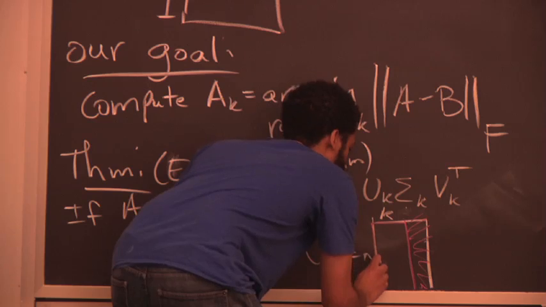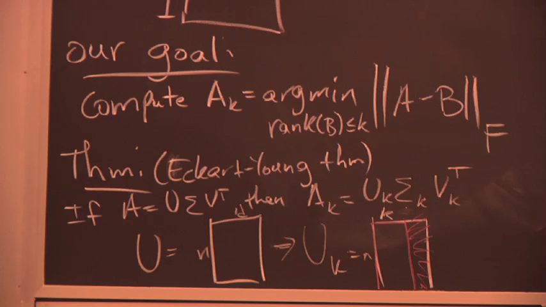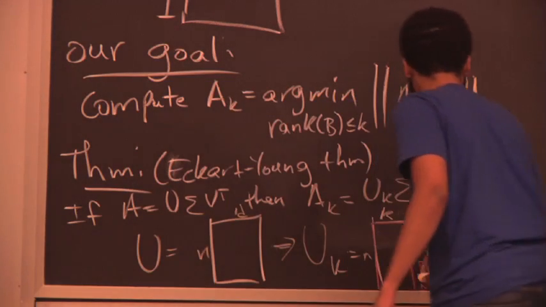It's this matrix. That's U_k. It's an n by k matrix. Just keep the top k singular vectors.